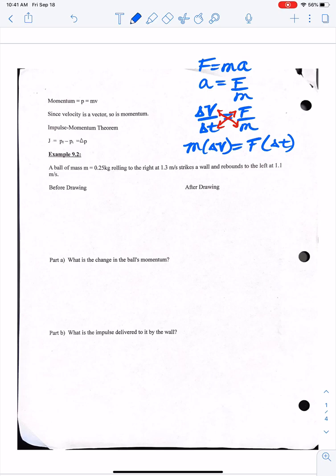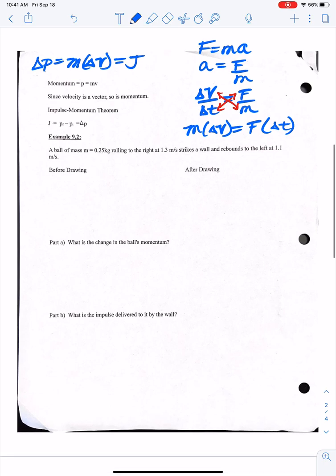We should know that change in momentum, delta P, is equal to m times delta V. And change in momentum is also equal to J. So what we have here is another way of writing, because F times T is J, J is equal to m times delta V, which is delta P. So I guess I could have written it this way instead.